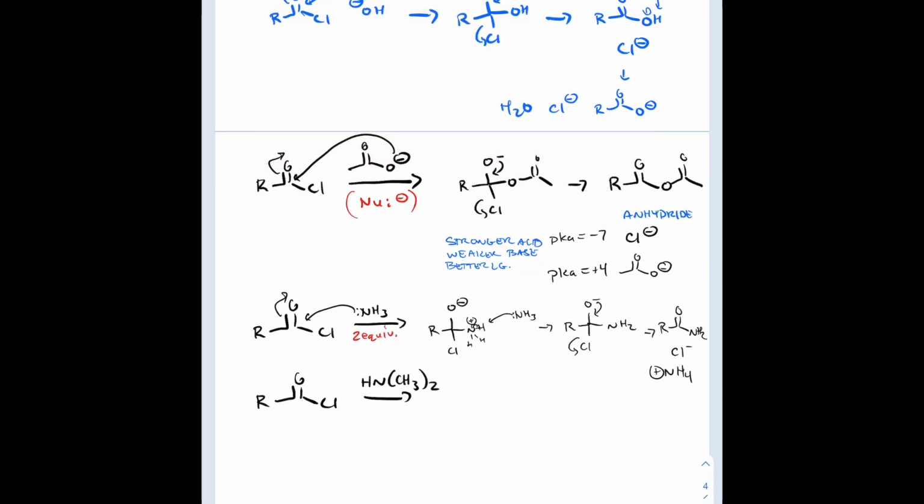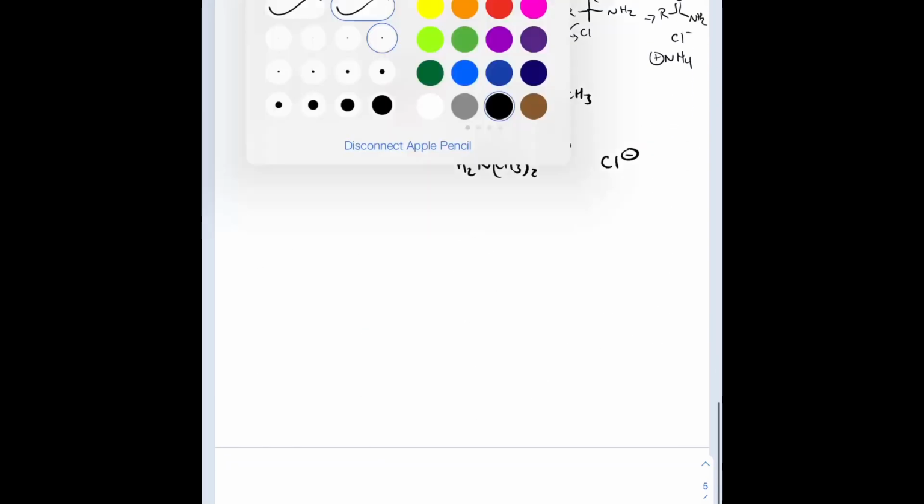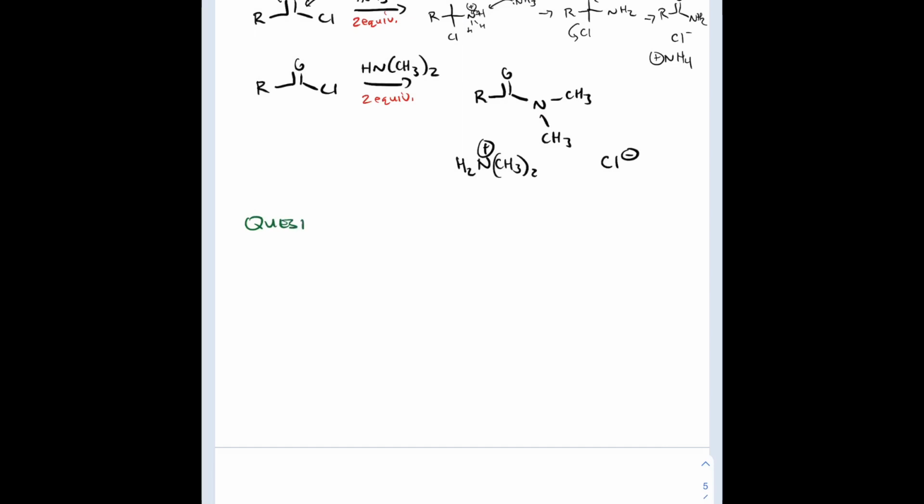So since the end product is an amide as well as an ammonium, because we needed something to remove that extra hydrogen on the tetrahedral intermediate, the second step, we needed 2 equivalents of the ammonia. And so whenever we're reacting an acid chloride with an amine, we need 2 equivalents to do this every single time.